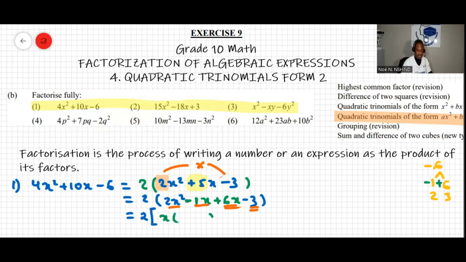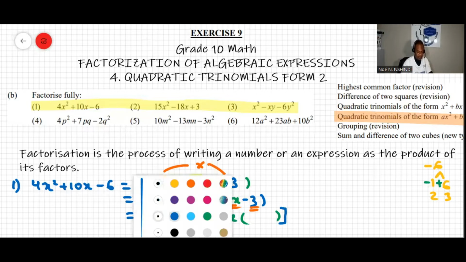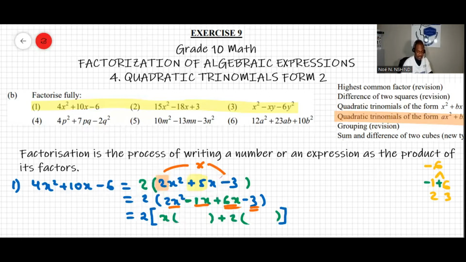For the last 2, the common factor is 3, so +3, bracket. If I take x as a common factor, this will be 2x minus 1. Over there, if I take 3 as a common factor, it's going to be 2x and -1.